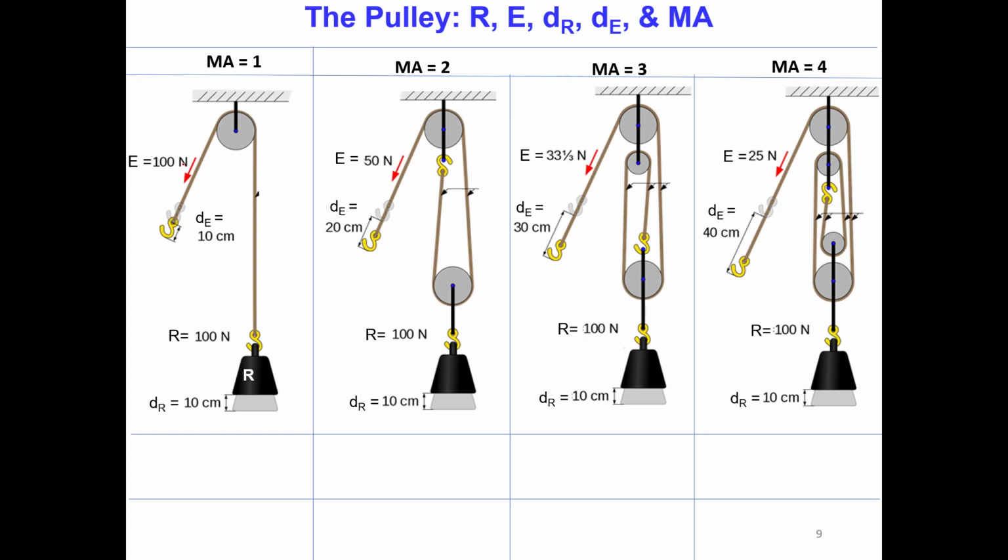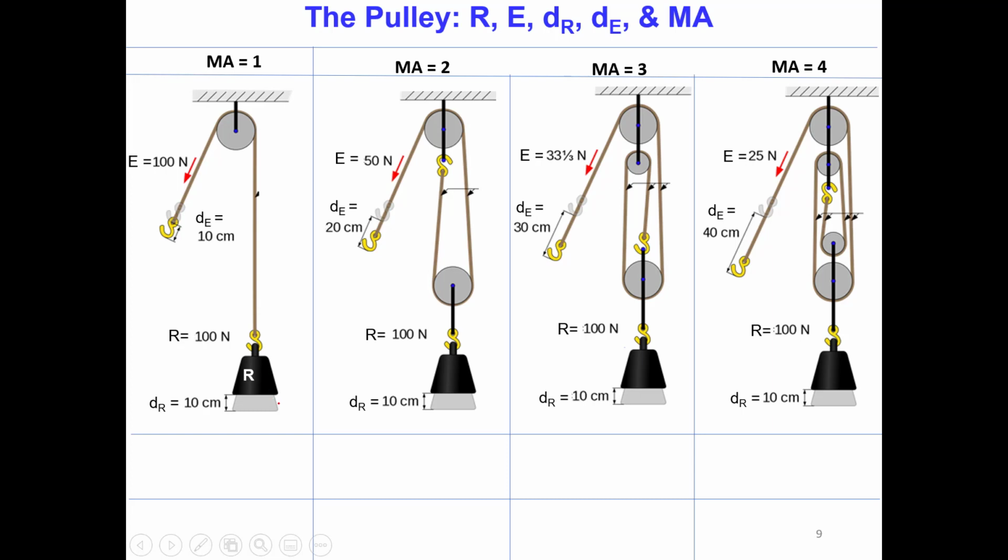Because of this friction, the mechanical advantage can be 0.80. Yes, it can be 0.75, 0.90, because there are some forces like friction that act in the opposite direction of the motion. This is why we say in theory it must be 1, but in practice it can be less.